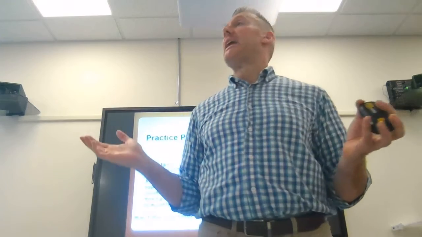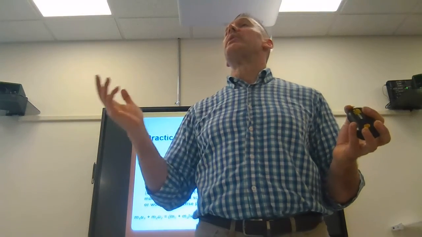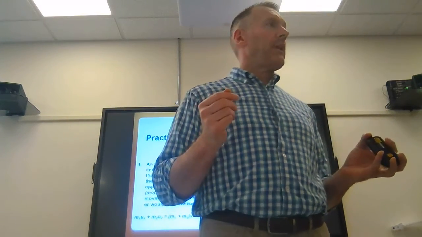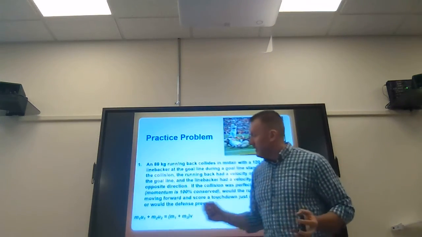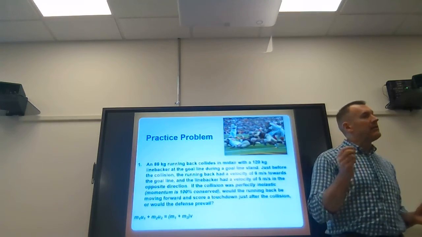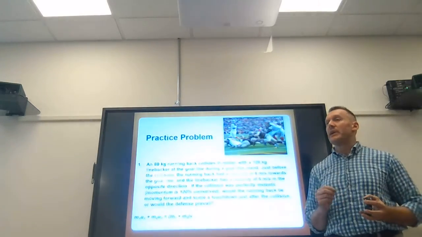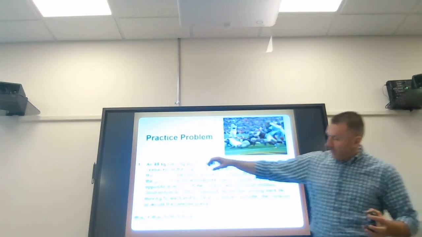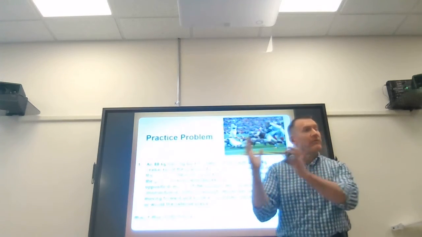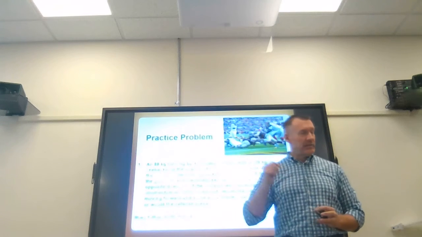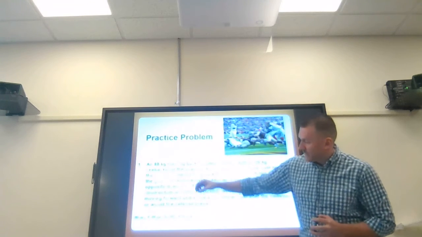Does everybody understand how we got that? Jackie, do you understand how we got that? Okay, so 480 minus 600, we get negative 120 kilogram meters per second. What we're doing is assuming that after the collision, the momentum is constant, for the sake of example.